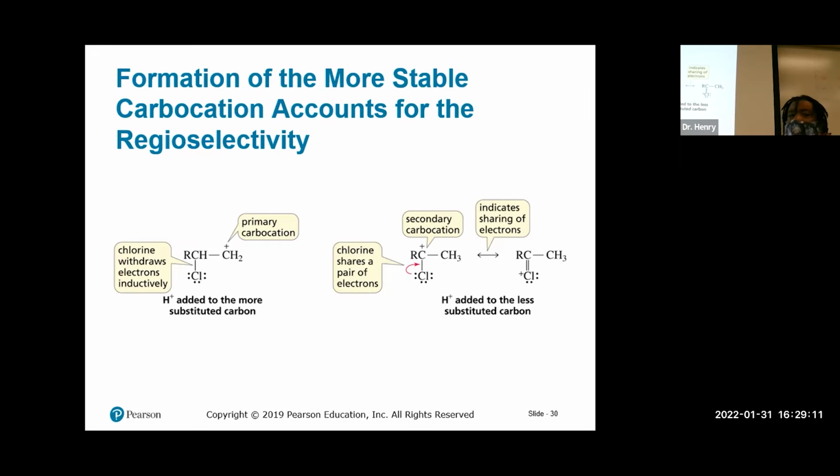Again, we have to pay attention to what is going to be more stable. The secondary carbocation is going to be more stable than the primary carbocation.